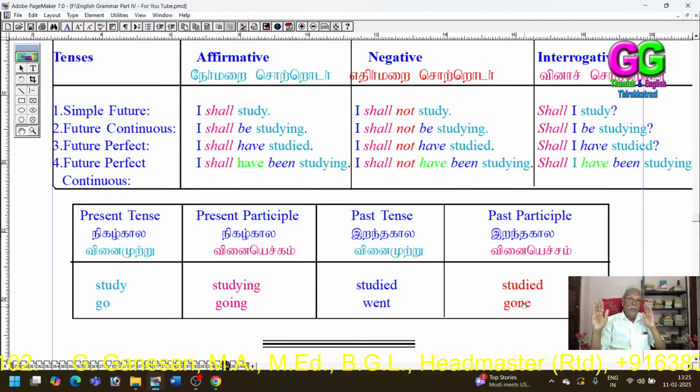In irregular verbs, we can easily find out the difference between the past tense and the past participle. But in regular verbs, the same form is used both for past tense and past participle. So we should be very careful here.